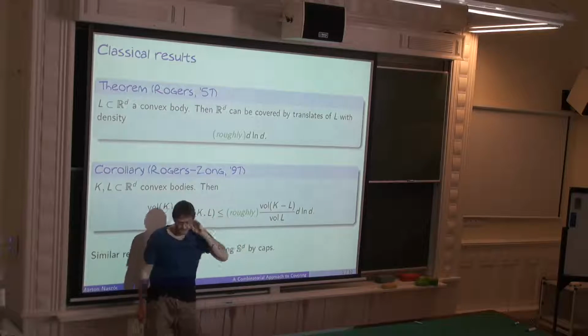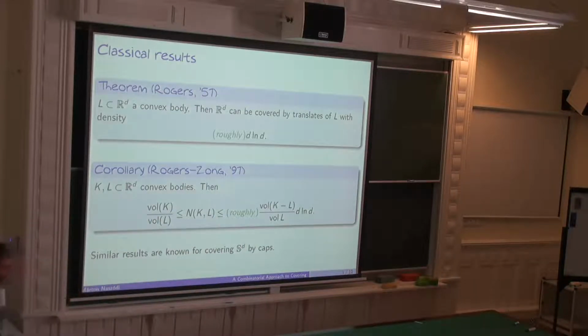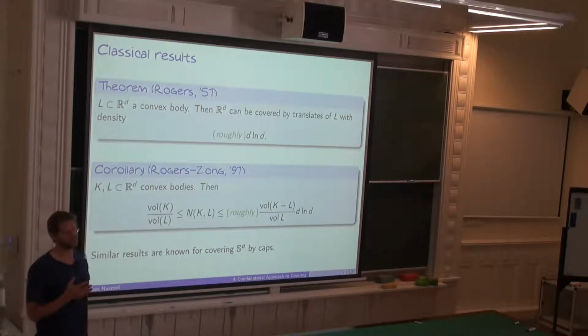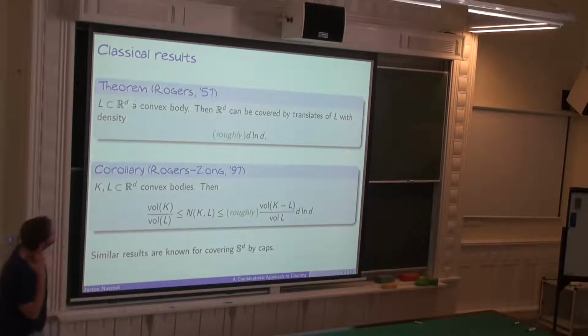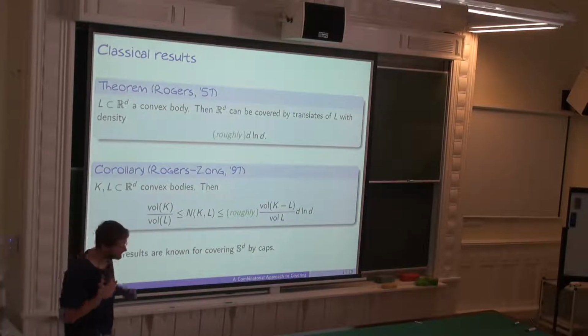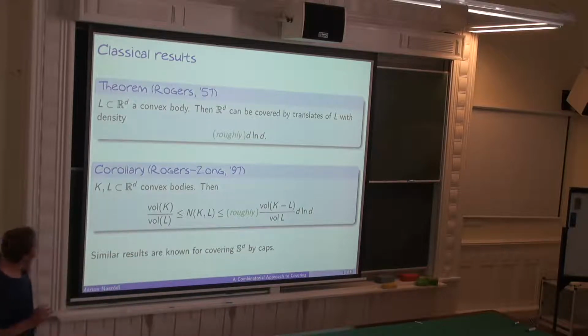This is a rather low bound, especially compared to the lower bound: if you take the Euclidean ball and want to cover space with translates of it, then the density will not drop below some constant times d. So even for the ball, the truth is somewhere between constant times d and d log d. It's an old result and pretty sharp.